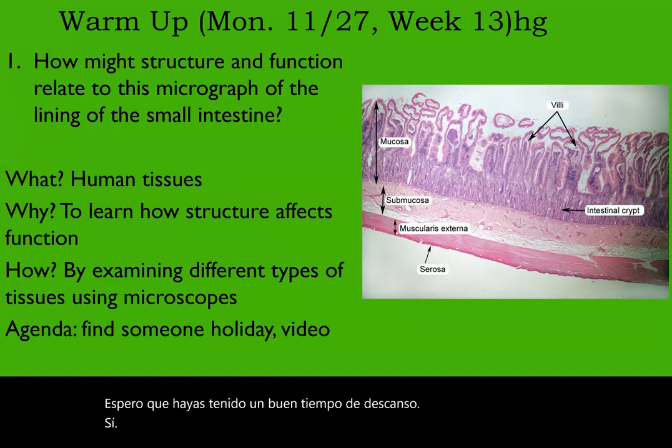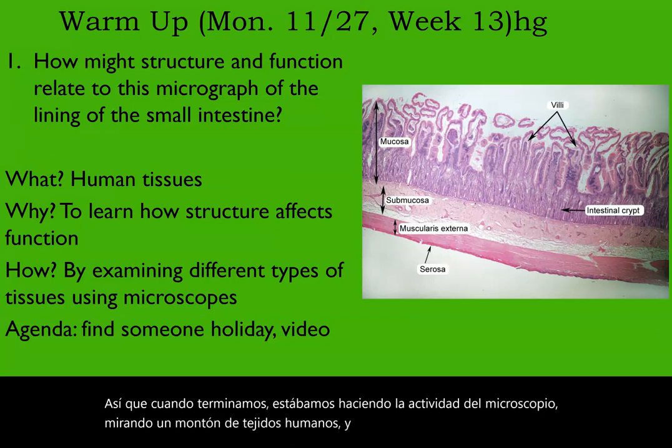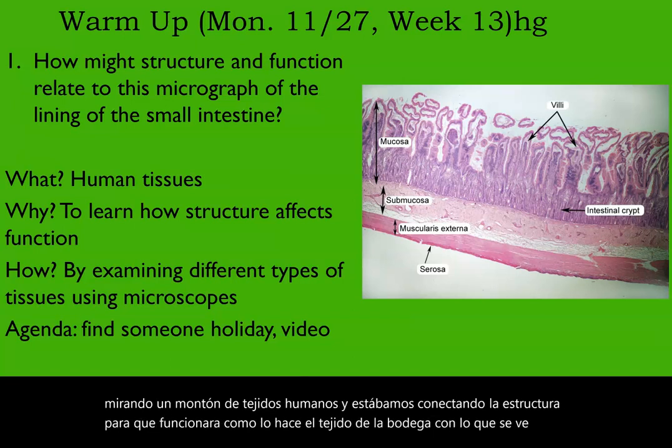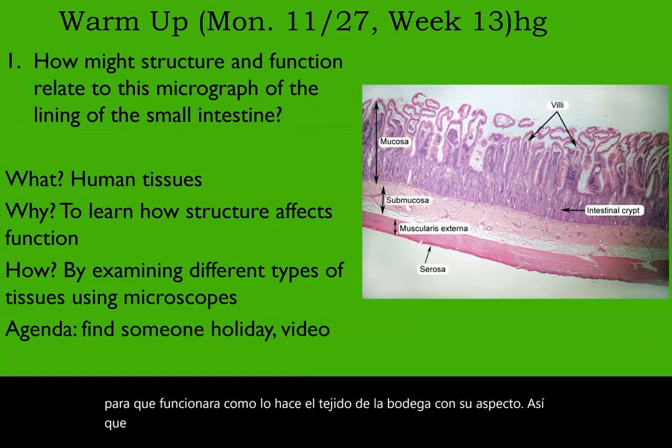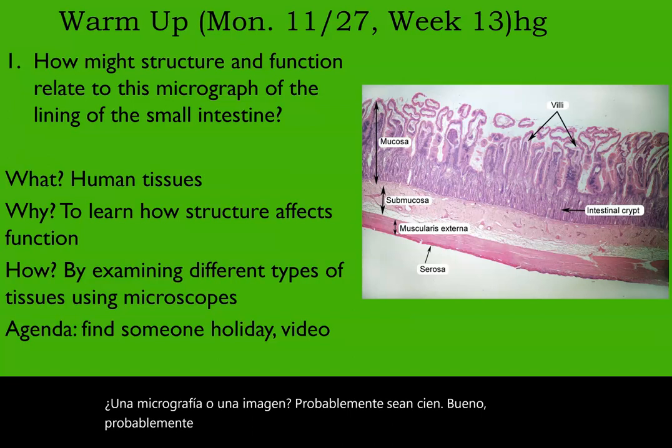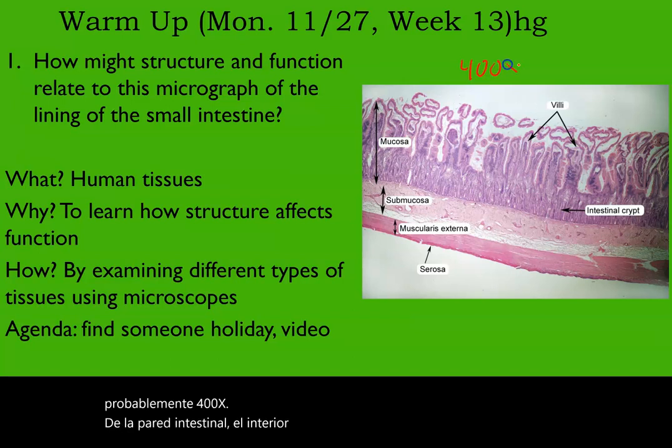So when we ended, we were doing the microscope activity, looking at a whole bunch of human tissues, and you were connecting structure and function, like what the cell or tissue does with what it looks like. So up here, I have a micrograph or an image. It's probably a 100, probably 400x image of the intestinal wall, the inside of your intestine.